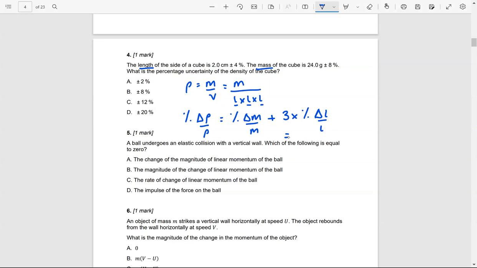So we have percentage uncertainty of the mass is 8 plus 3 lots of the percentage uncertainty of L, which is 4, so it's 3 times 4. So we end up with 8 plus 12, 20%. The answer is D.